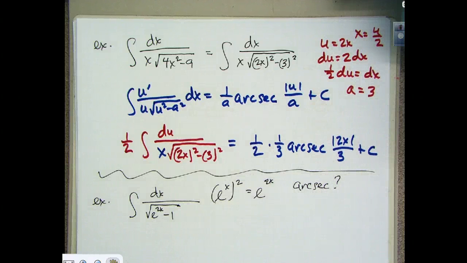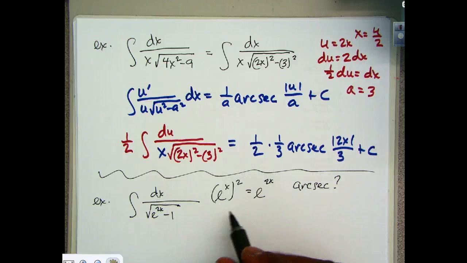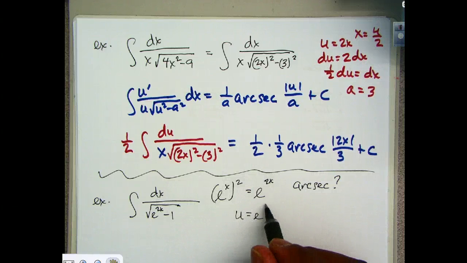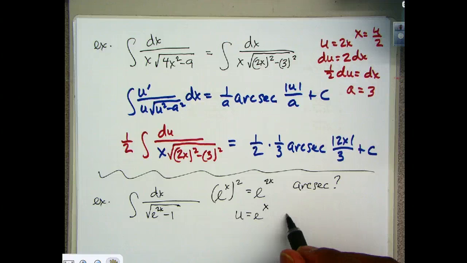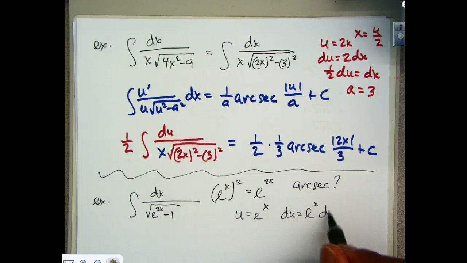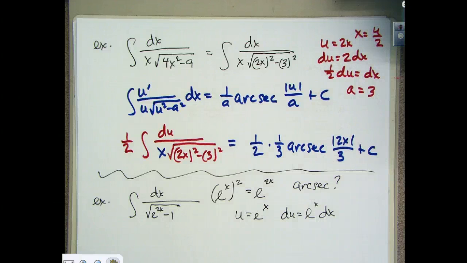So let's see. All right, if we let our u equal e to the x, then our du is equal to e to the x dx. So that means that du over e to the x is equal to dx. And our a is equal to 1.